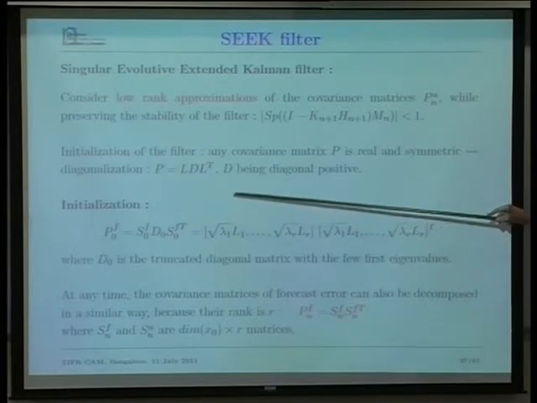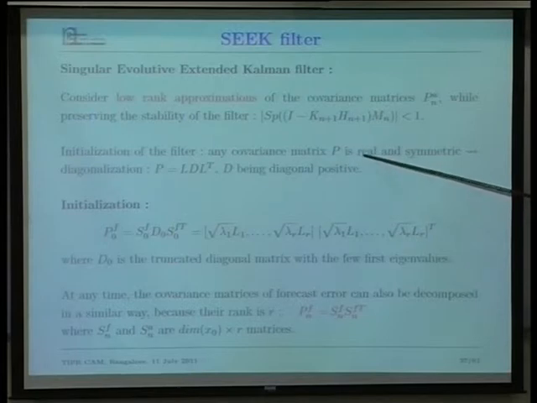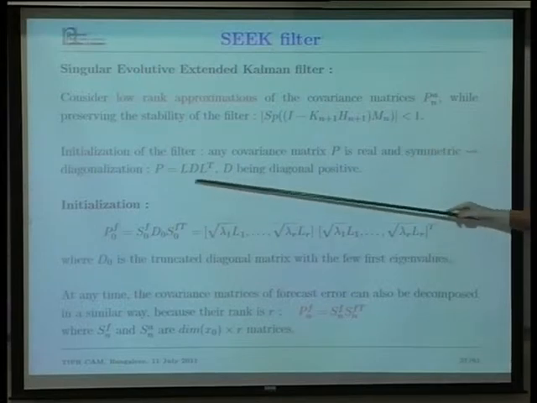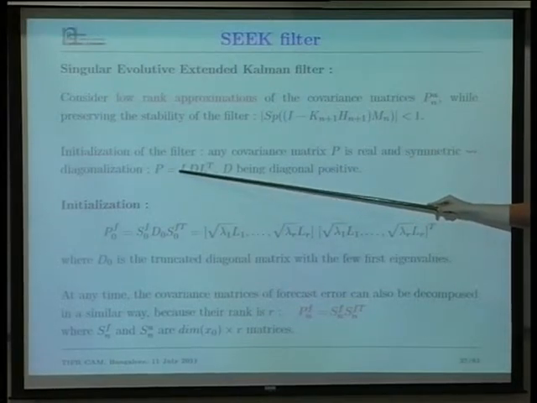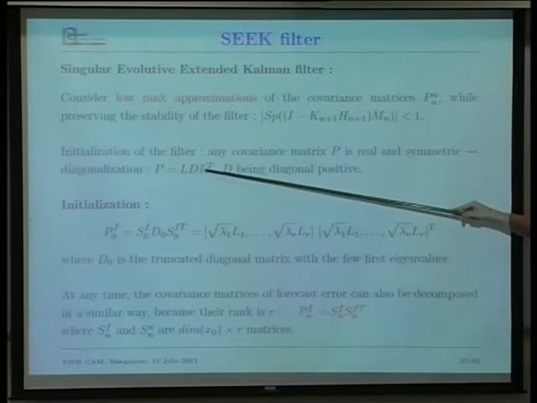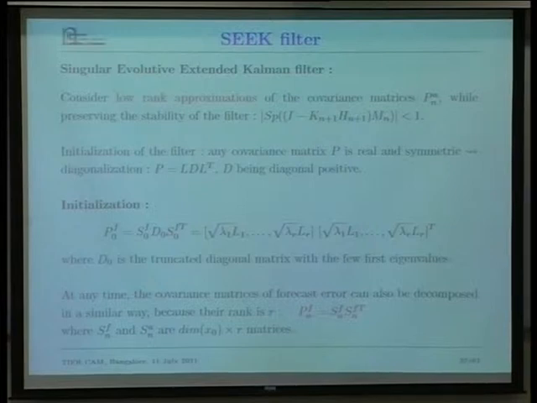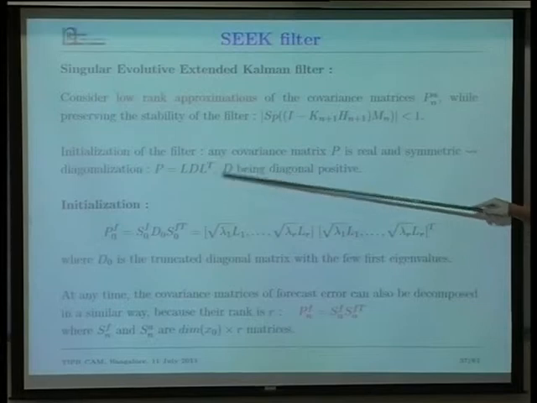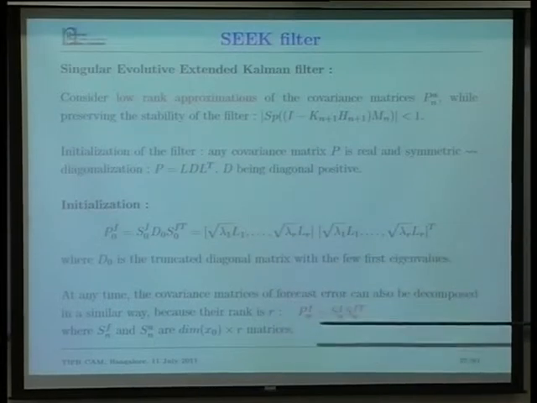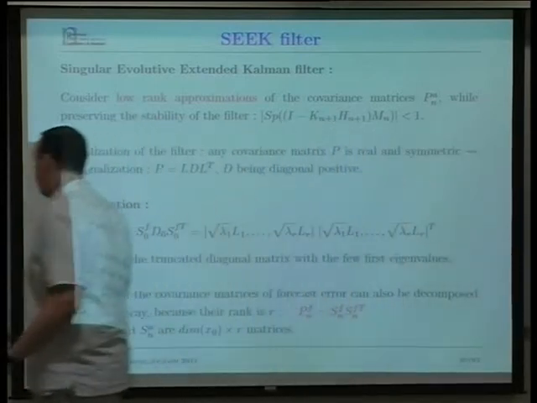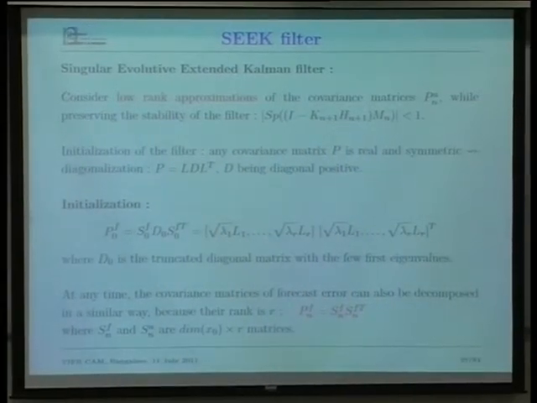At the beginning, any covariance matrix is real and symmetric. Then you can diagonalize it like this with the same matrix here, with the transpose here, and this diagonal with the eigenvalues that are positive. So you can take the square root of the eigenvalues, and then at the end you get a matrix S, which is like that.